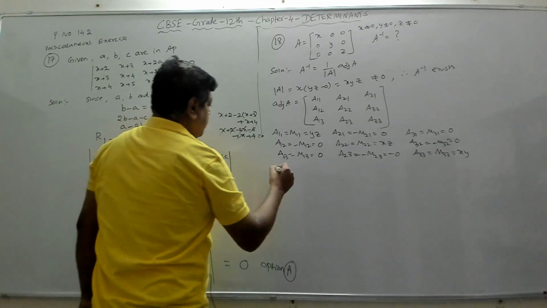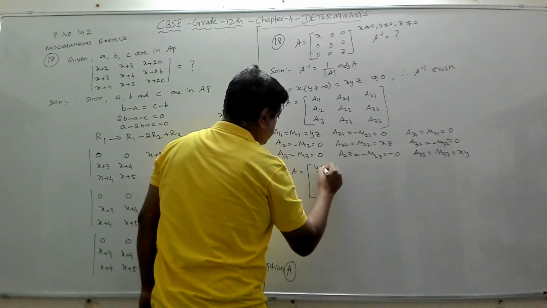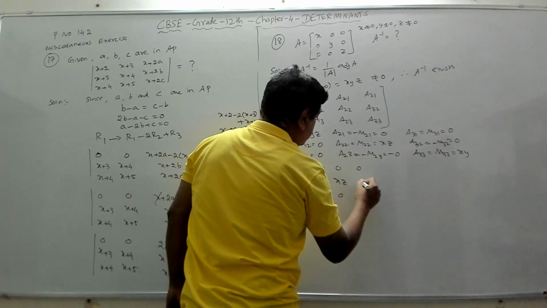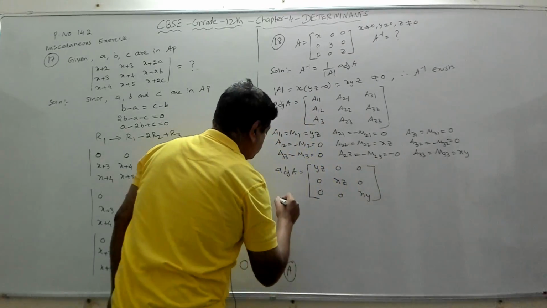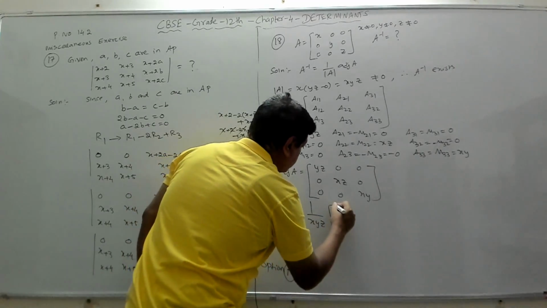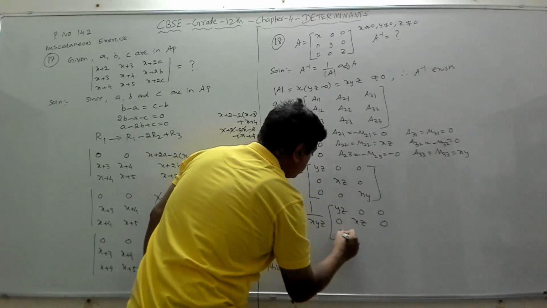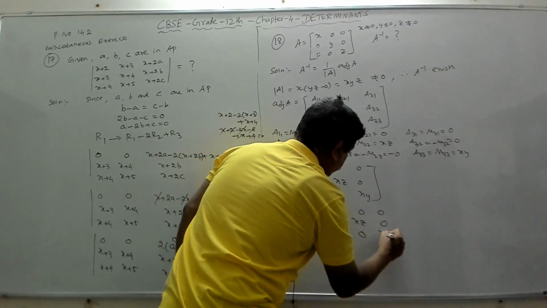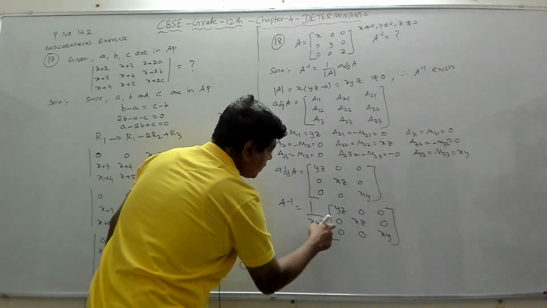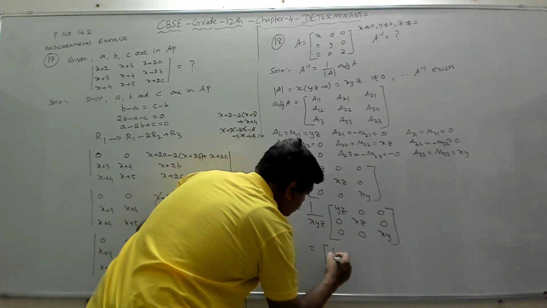Now we substitute. Our adj of A matrix is yz, 0, 0; 0, xz, 0; 0, 0, xy. So A inverse becomes 1 by the determinant of A, which is xyz, into that matrix. Taking this inside, every element is divided by xyz. So yz divided by xyz becomes 1 by x, or x power minus 1.